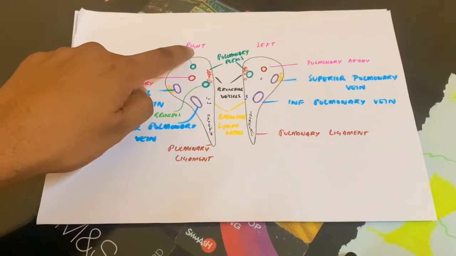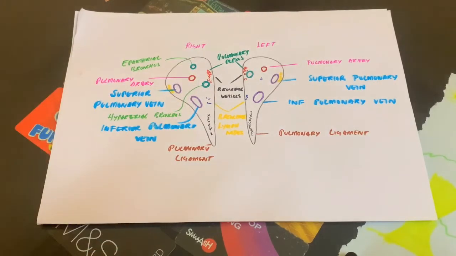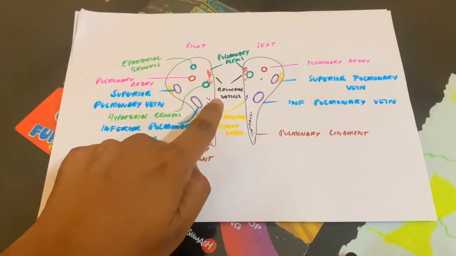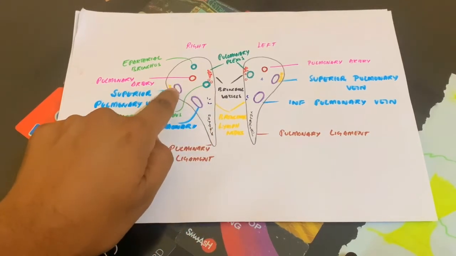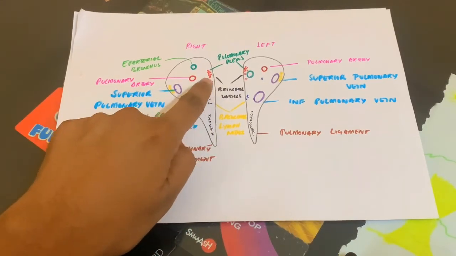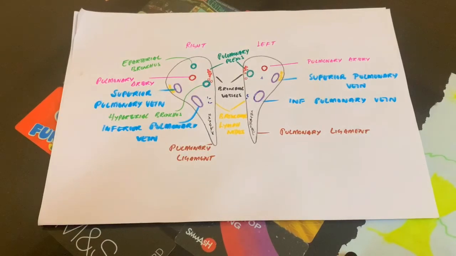These are the structures arranged from above downwards. From before backwards, again it is the same: you have the vein, artery, bronchus. So this is the arrangement of the structures at the hilum of the right and left lung.